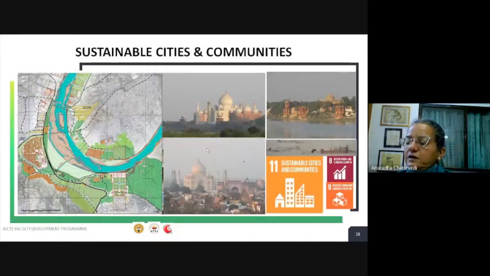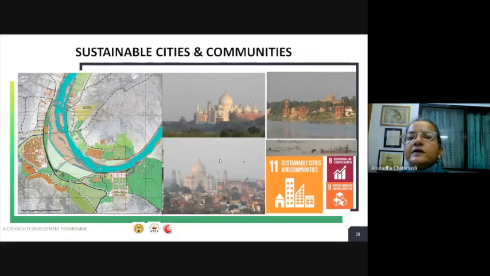Now, sustainable goal 11 related to sustainable cities and communities is often linked with SDG 8 related to decent work and economic growth, and SDG 9 related to industry, innovation, and infrastructure.